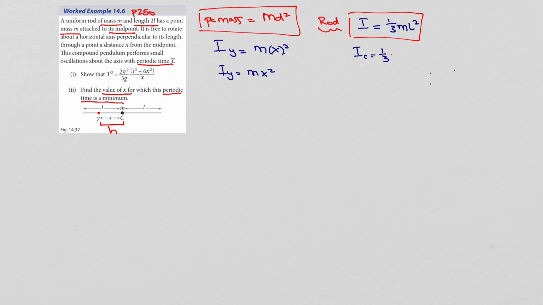The mass of the rod is m, and the rod length we're told is 2l, so therefore from the centre to the end of the rod is l. So it's literally just going to be a third ml squared. But of course, if I look at C and I look at Y, if I was to put my pencil on Y and my pencil at C, I can see that Y is parallel to C, which means that if I'm getting the moment of inertia of the rod through Y, I'm going to have to use the parallel axis theorem.